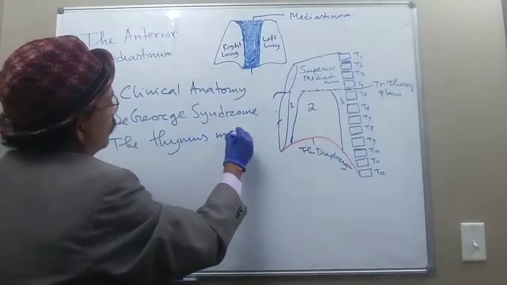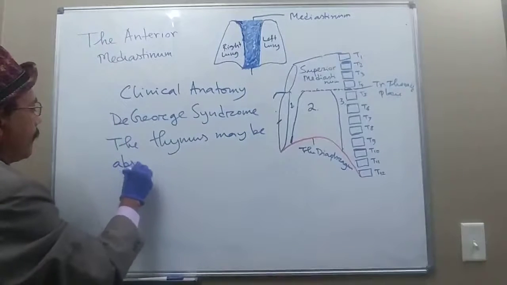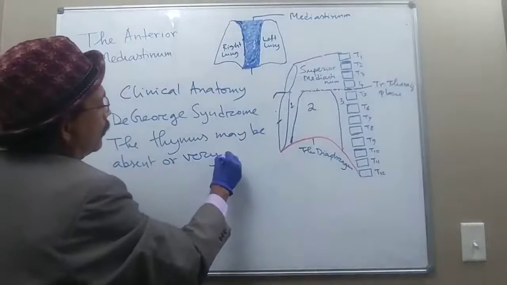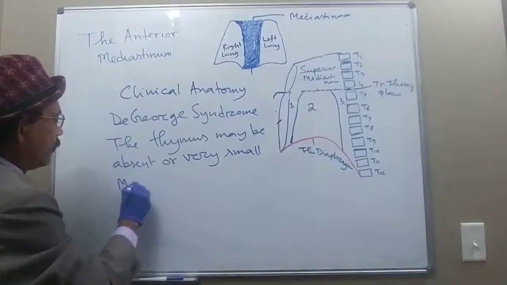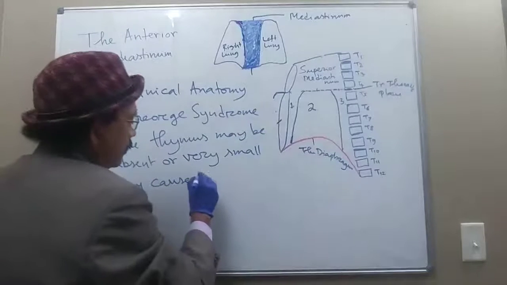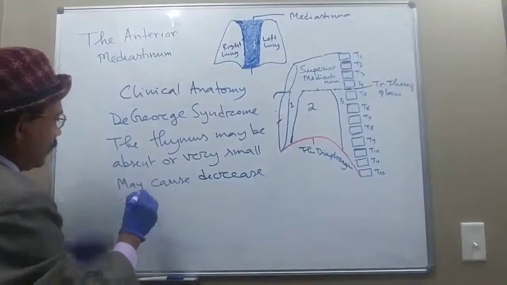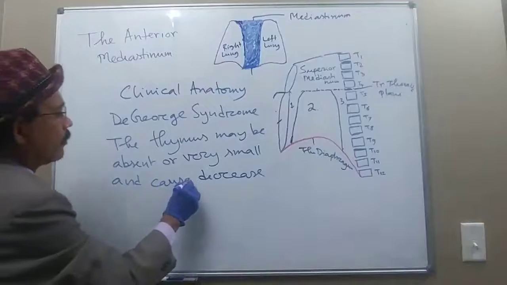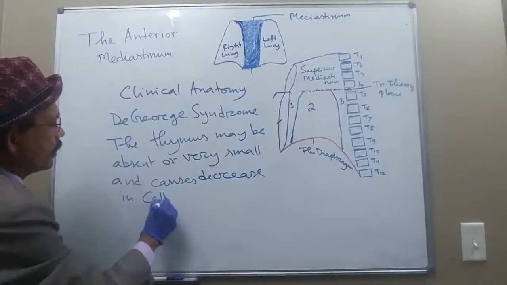The thymus may be absent or very small, which causes a decrease in cell-mediated immunity.